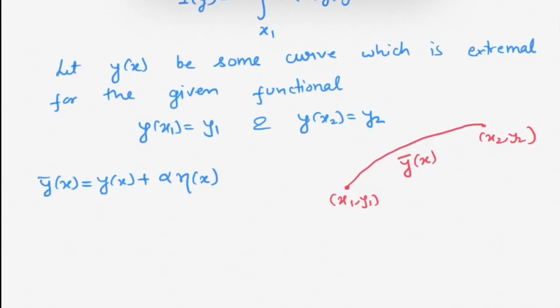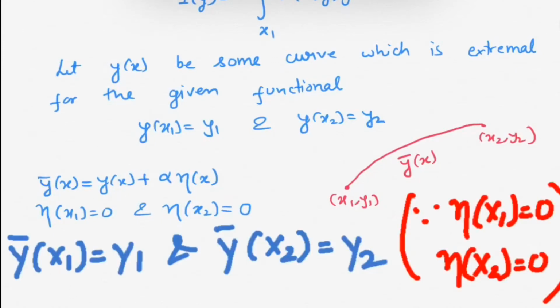Here the function eta of x is chosen such that eta vanishes at the boundary points, that is eta(x1) equals 0 and eta(x2) equals 0. Now the question is why we have chosen eta x in this manner. We have chosen it so that the function y bar x also satisfies the boundary conditions. As you can see, y bar(x1) equals y1 and y bar(x2) equals y2.